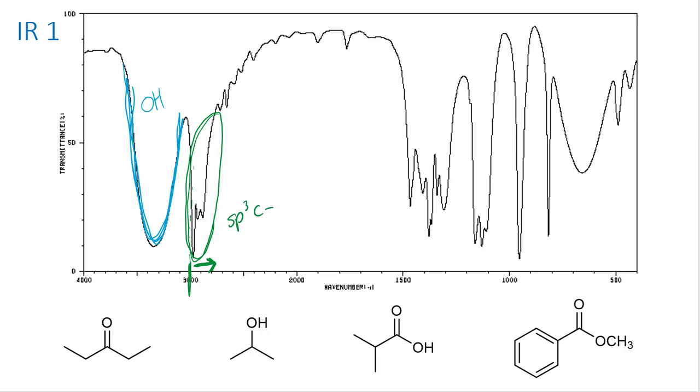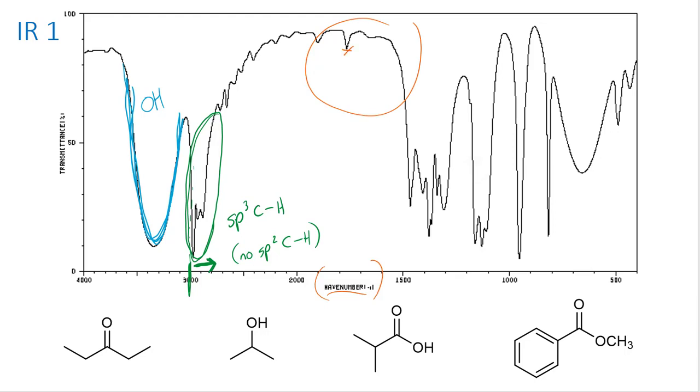That's going to correspond to the sp3-CH bond stretches. We don't have any sp2 carbons, at least not that have hydrogens. And we'll also note that where our x-axis label is, we have no significant absorbance.